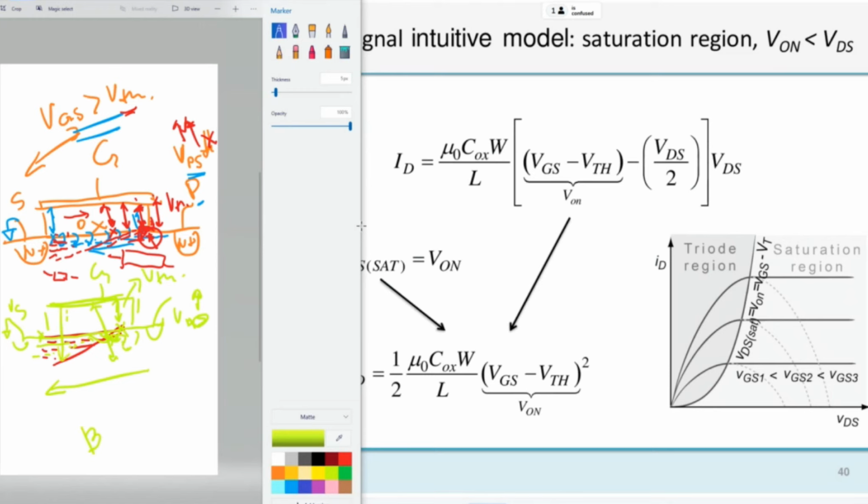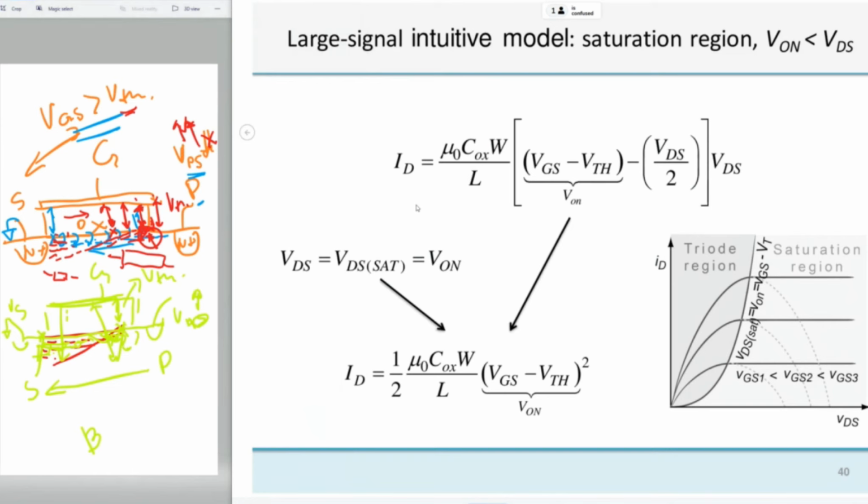At this point, the horizontal electric field, the drain source electric field, becomes dominant and pushes the electrons into the drain in an uncontrolled manner. And then the current is determined by the conductivity of the channel from this point to this point. This will determine the current, the moving of electrons within the channel. And here they are injected, and in an uncontrolled manner they arrive at the drain.